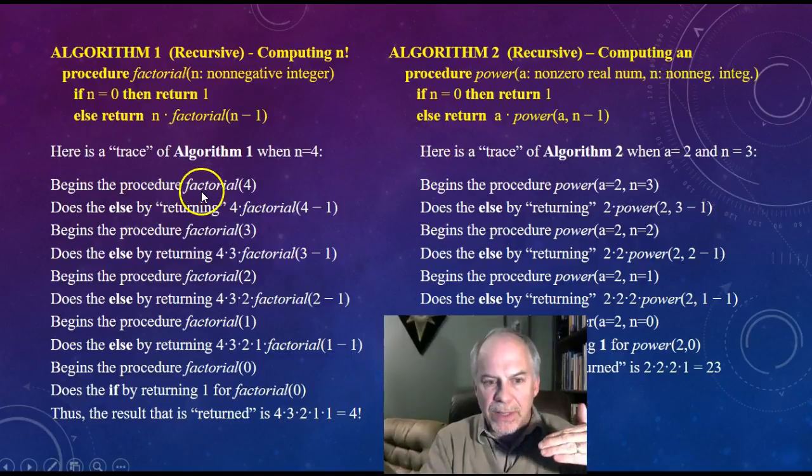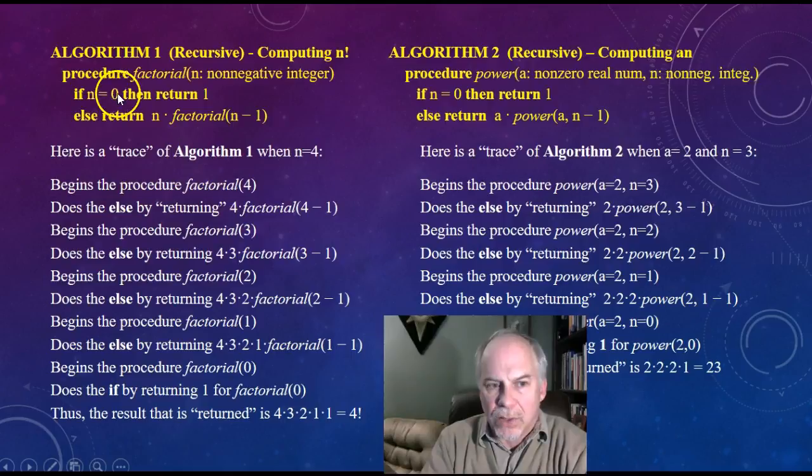So it begins the procedure factorial 4, and then it ignores this because n is not 0, and it hits the else part, and it returns 4 times factorial of 4 minus 1, because n is 4, so it's going to plug 4 minus 1 into this procedure. So this is a call to action to do the procedure again.